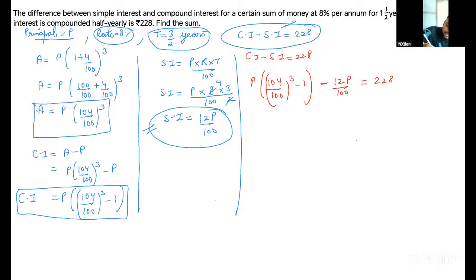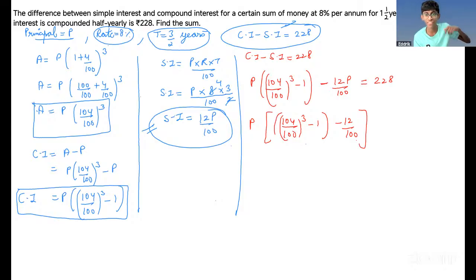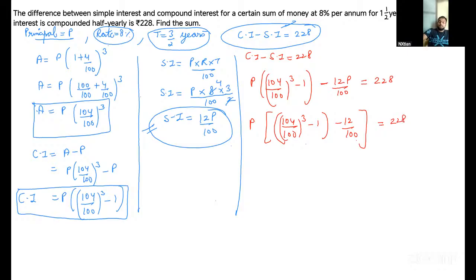Now I will take out P as a common. That will remain behind (104 upon 100 cubed minus 1) minus 12 upon 100 equals 228. So you forgot the bracket over there. Did you listen, guys? Yes or no? Now we have to solve.